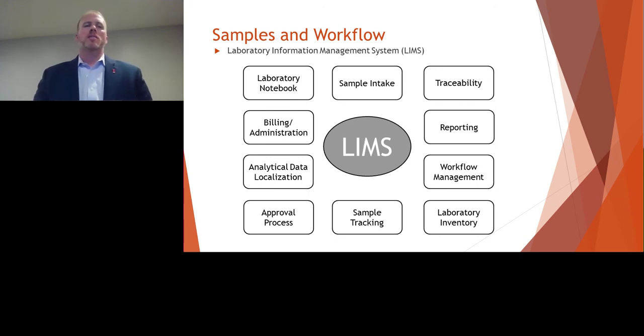A lot of times it is required by your government bodies if you are a regulatory lab. And LIMS can be used for a lot of different things within a lab. Different LIMS programs have a lot of different sections or components that can be used. And some of them are really strong, and some of them are not as good.